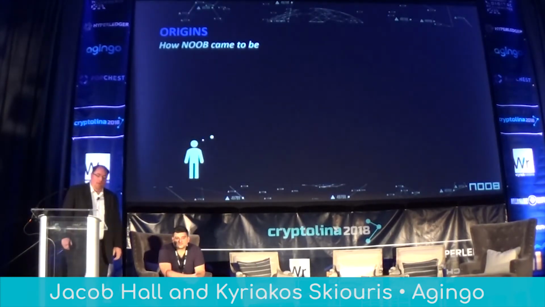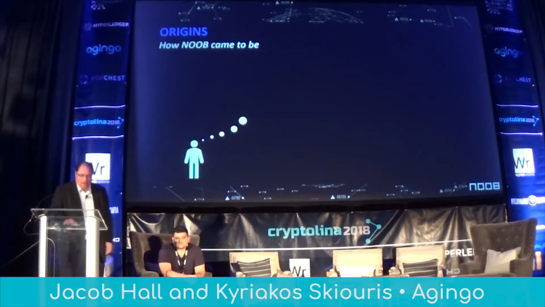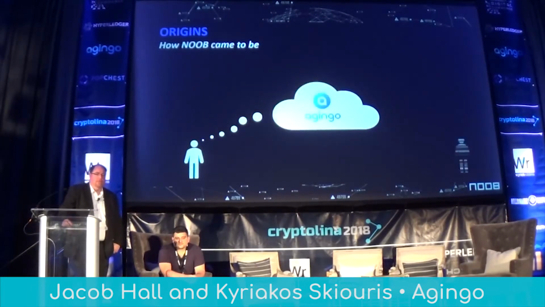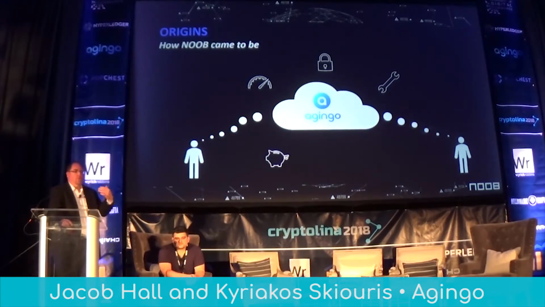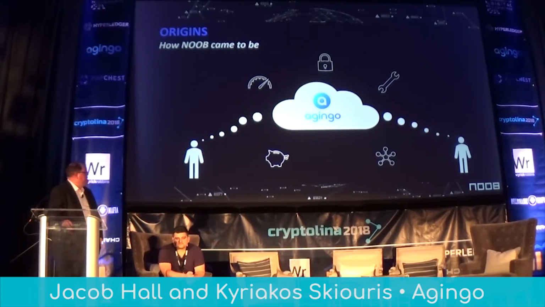So the origins of this is years ago, I was working nights and weekends building Agingo while I ran innovation for a very large bank. And we were building this ranking algorithm that ranks sources of information by focus and trustworthiness. In other words, we want to give you control of what you saw online on the internet based on trust.